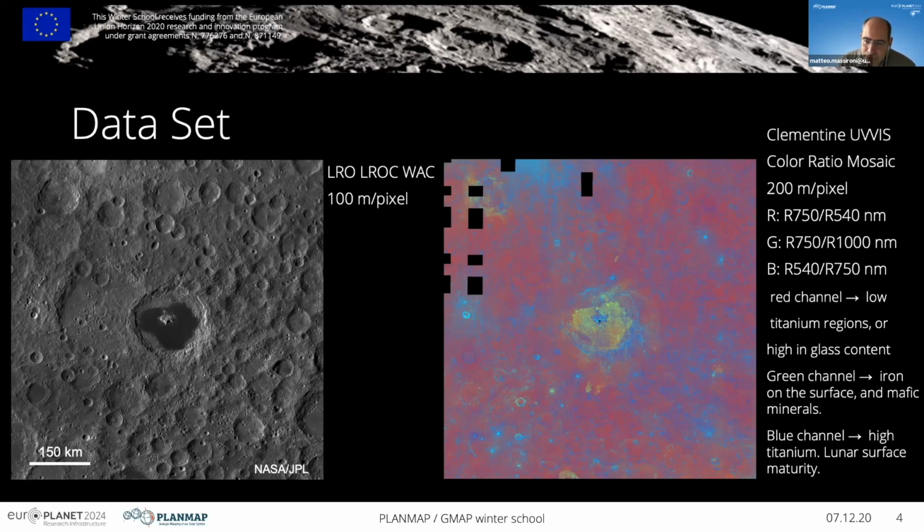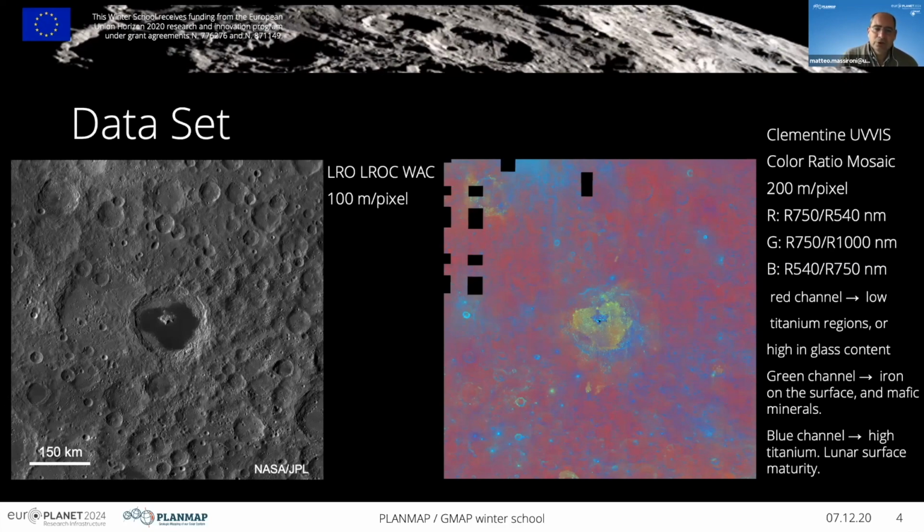So you have to consider when you see these color features that nothing is purely red, or green, or blue, but you have in-between colors: red and green give you yellow, blue and red give you magenta, and green and blue give you the cyan color. So you can understand a little bit the composition of this material just by looking at the colors of this image, and you can compare it with the morphologies that you see on the left image.